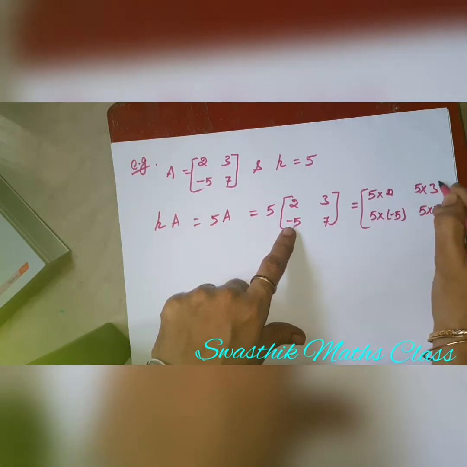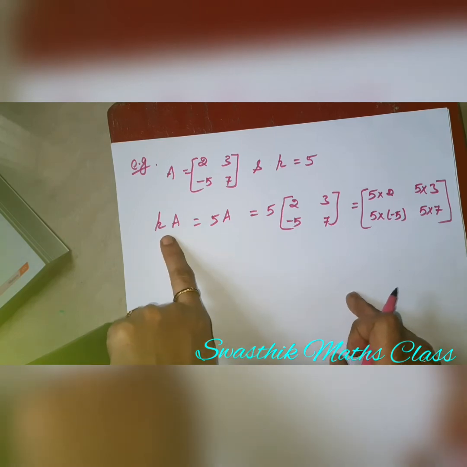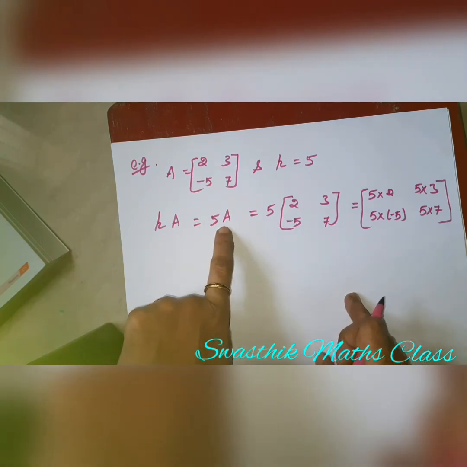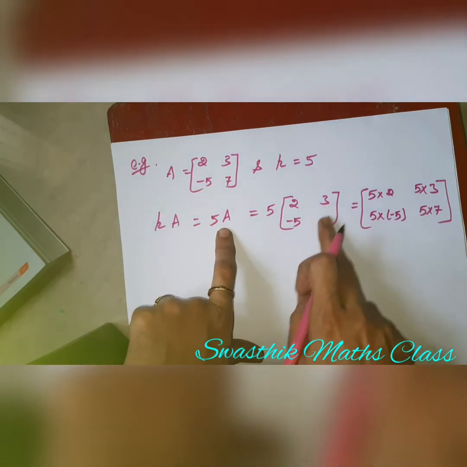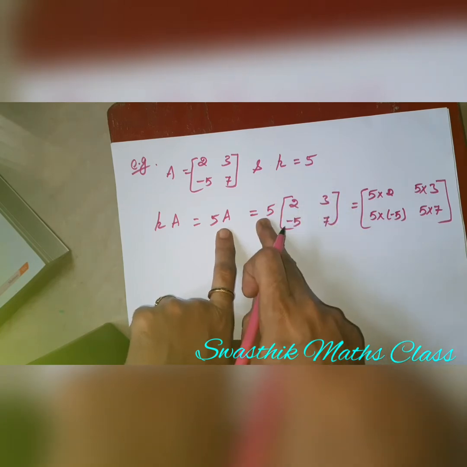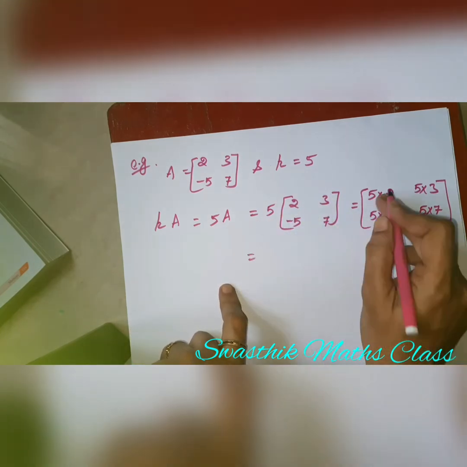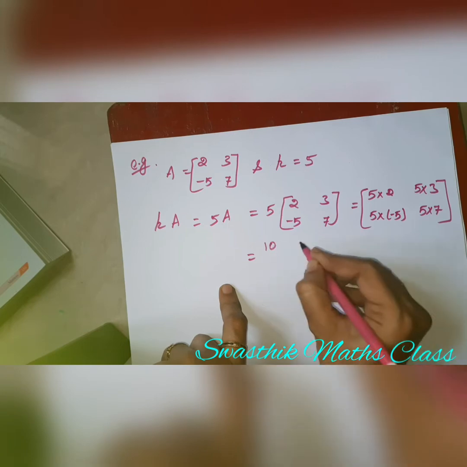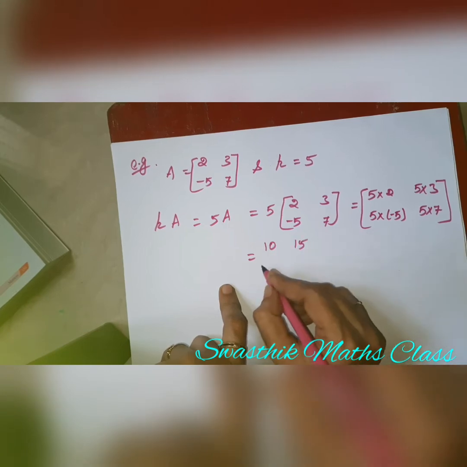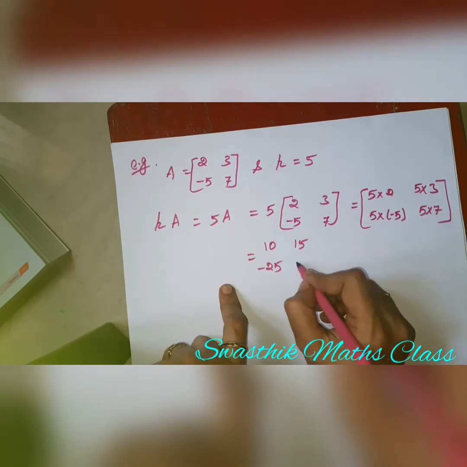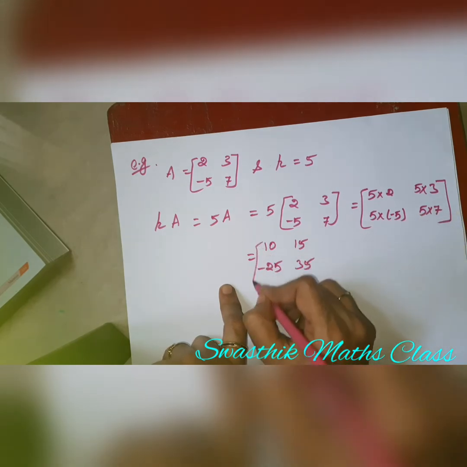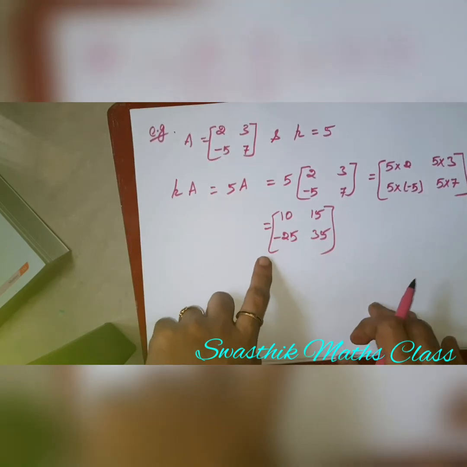So these are the entries of the new matrix Ka or the new matrix 5A. Okay. So we have to multiply all the entries of A by this number 5. This is equal to, what is the value? 5 into 2, 10, 5 into 3, 15, 5 into minus 5 is minus 25 and 5 into 7 is 35. Right. So this is the new matrix Ka.